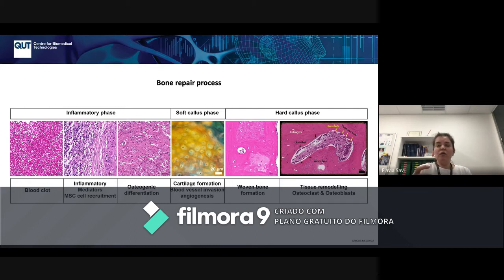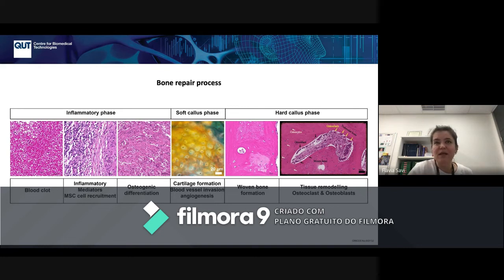And also these templates are going to be vascularized again, and the cells related to this vascular invasion are going to form new bone. As I said, the new bone that is created in the beginning is a much less functional bone, which is called woven bone.